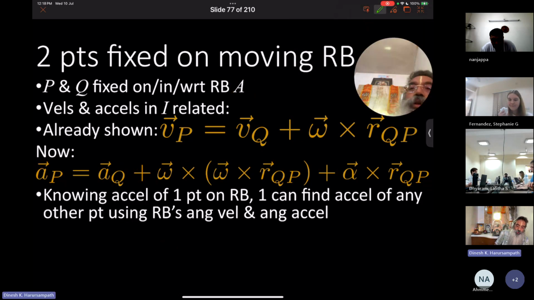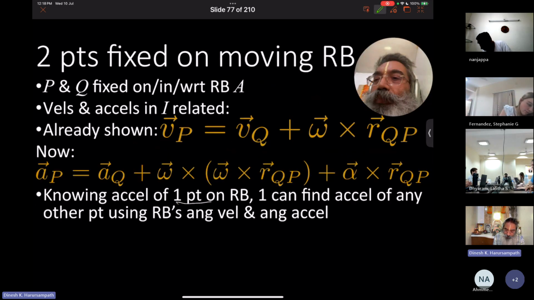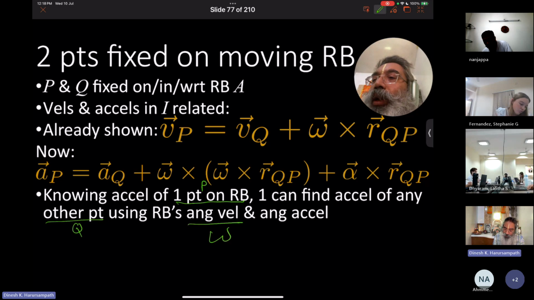So the next thing, knowing the acceleration of one point on the rigid body, namely your P, I can get to the acceleration of any other point, which in this case we are calling Q, using, of course, the rigid body's angular velocity omega and the angular acceleration alpha.